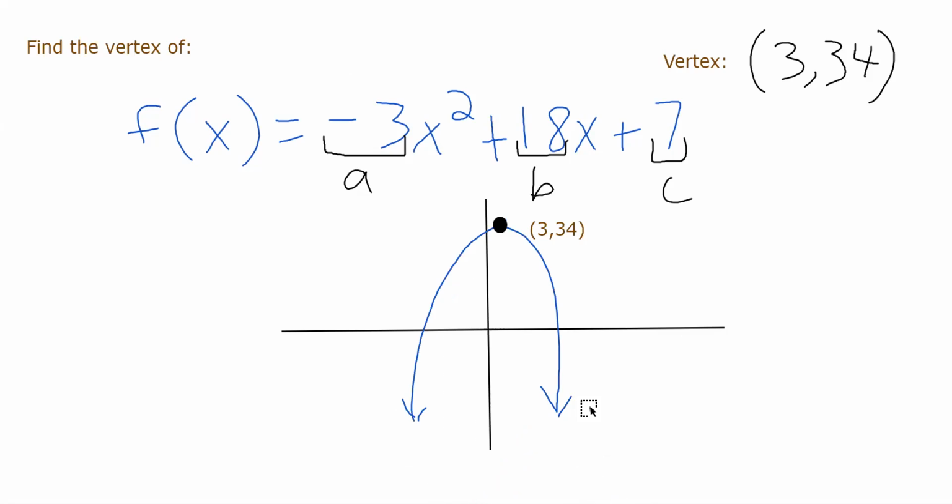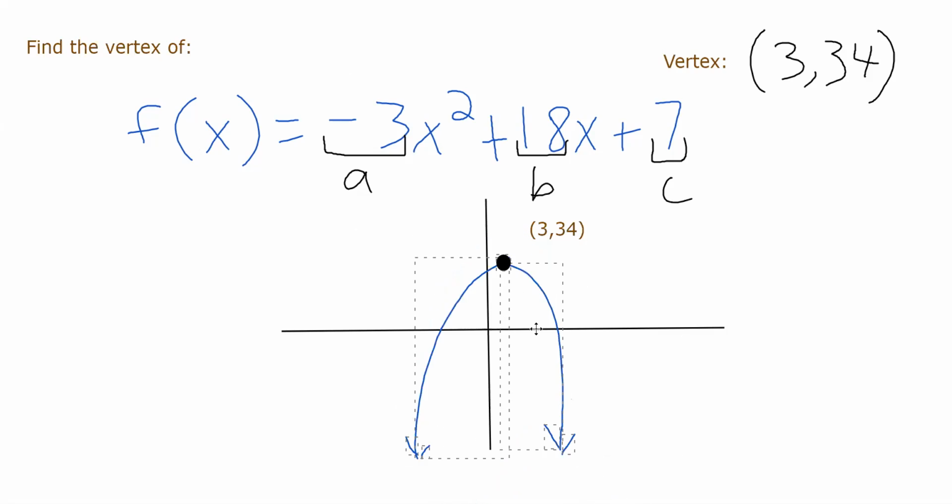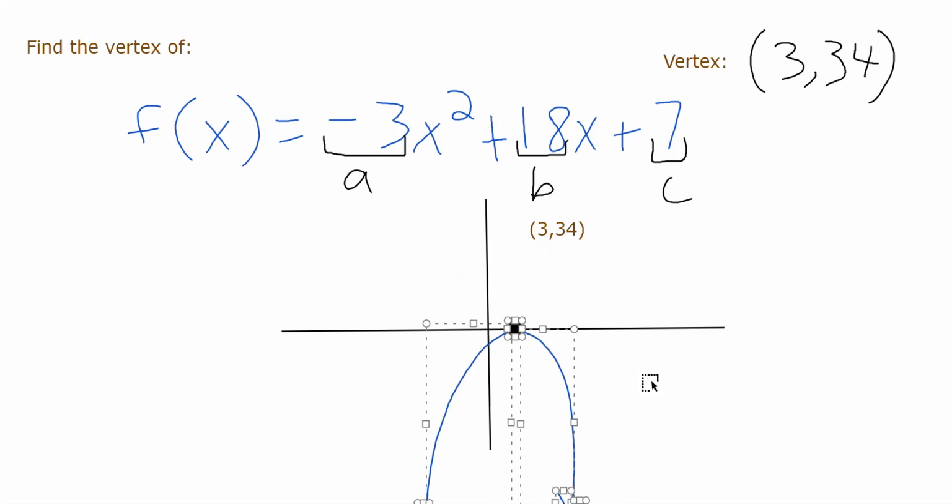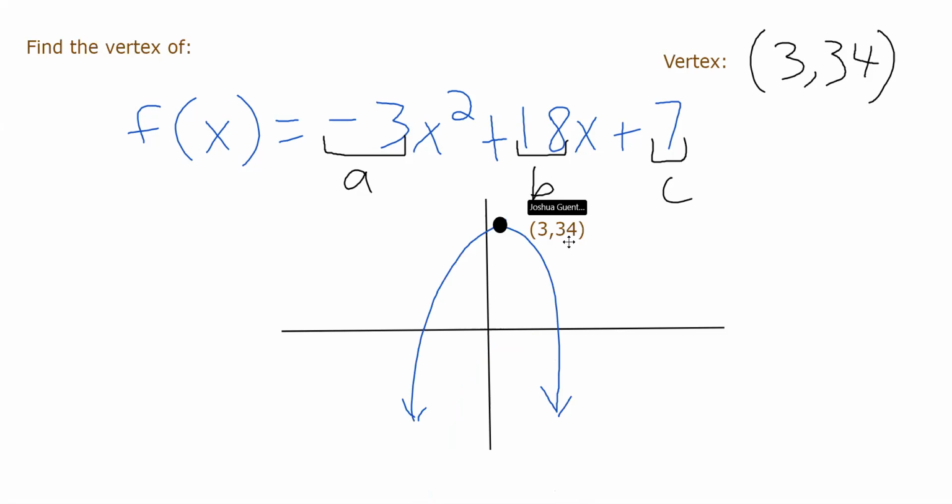If the vertex had a y-coordinate of 0, I would know this is that case where it touches the x-axis just once and only has one root. But instead, I know the vertex is positive, the y-coordinate is positive, and it's got to be frowning. So I know there's going to be 2 distinct roots here. That's pretty cool, and you can eyeball that without even drawing the graph. You can kind of just see the geometry in your mind.